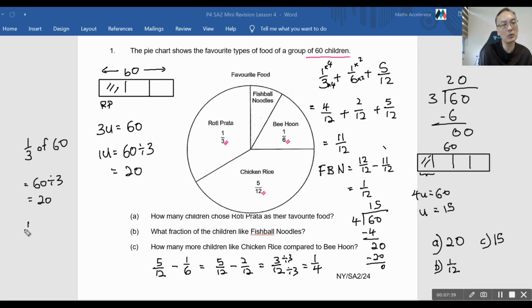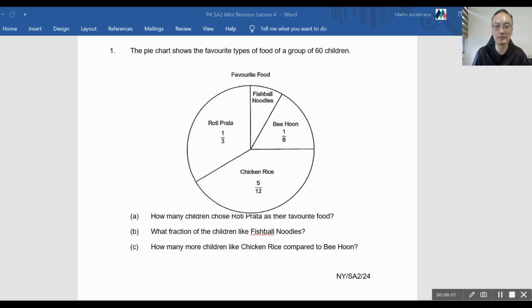And we are looking for 1/4 of 60. Straight away you know that we need to take 60 divided by 4, and we will arrive at 15. So remember this. This is a shortcut. Then you don't have to construct the model in order to solve this. So this is question 1. Let's move on to the next question.